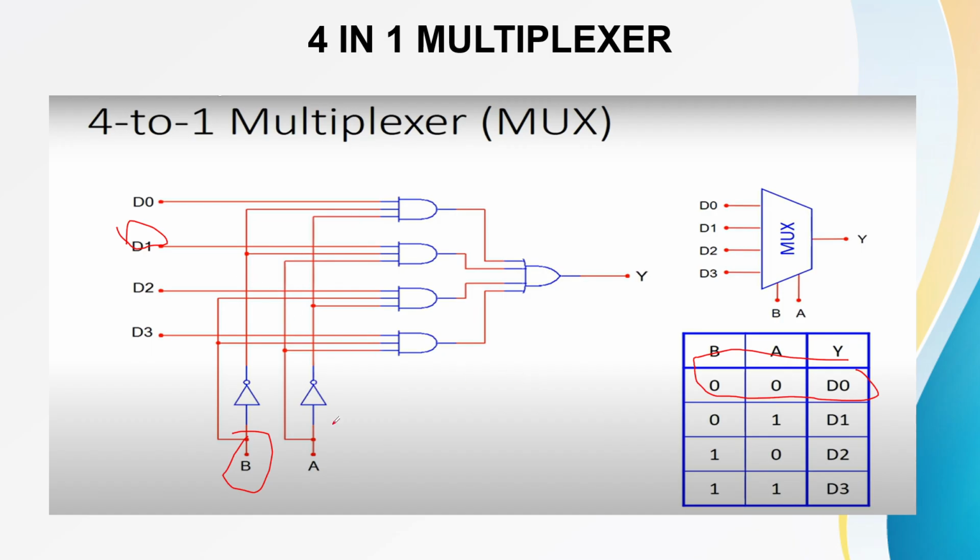So we have to get an input of 1 for A and an input of 0 for B before we have device 1 getting an output of the direct device 1.